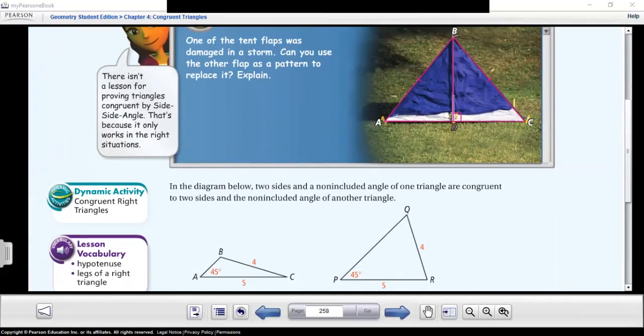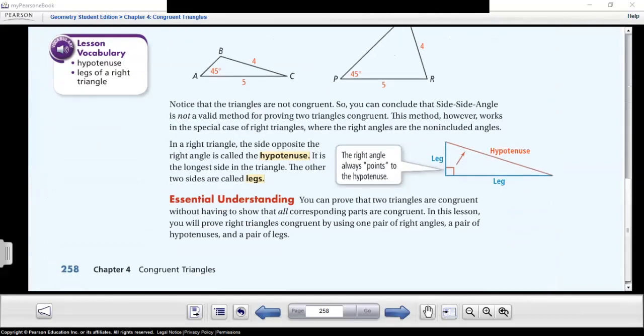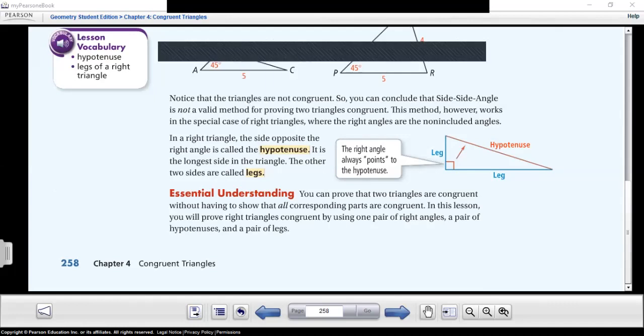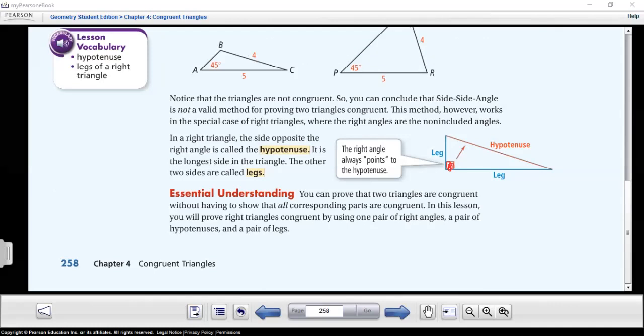Here we have a right triangle like that, because we have an angle whose measure is 90. If you have an angle whose measure is 90, this triangle is called a right triangle. The side opposite to the right angle is called the hypotenuse.